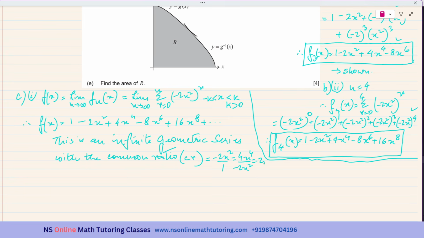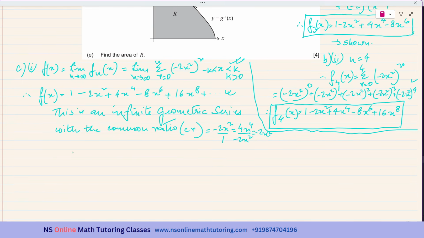This is equal to negative 2x squared. The common ratio is negative 2x squared. And because they are saying the domain is this, that means this will be a convergent infinite geometric series.